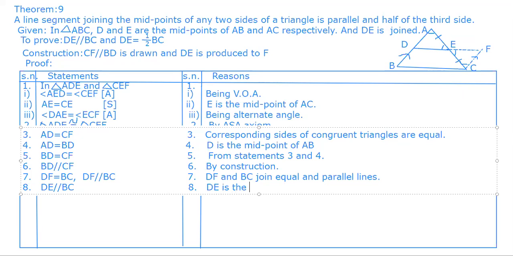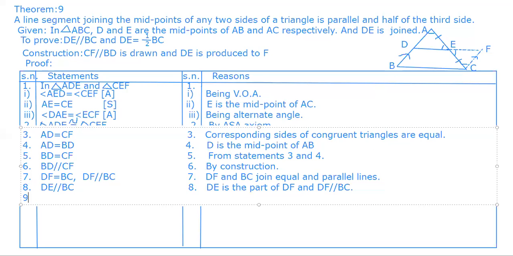DE is a part of DF, and DF is parallel to BC. If DF is parallel to BC, the line segment from DF is also parallel to BC.